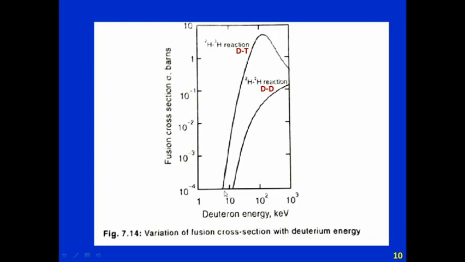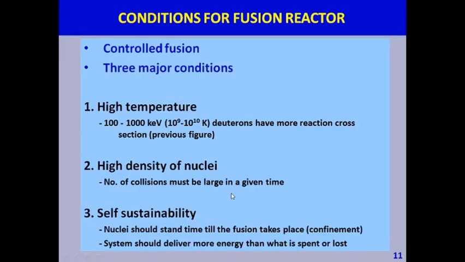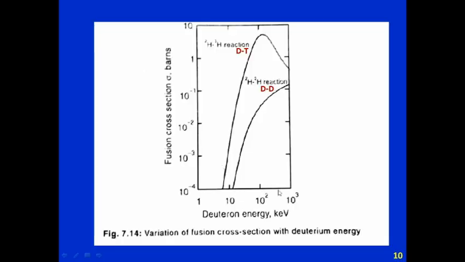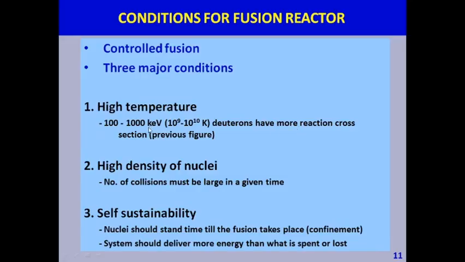So high temperature is a requirement. The temperature requirement is 100 to 1000 keV. Deuterons have more reaction cross section, from the previous figure. If your deuteron has energy in this area, you will have more reaction probability for both reactions. So that is one condition: it must have high temperature and you will have high reaction probabilities.